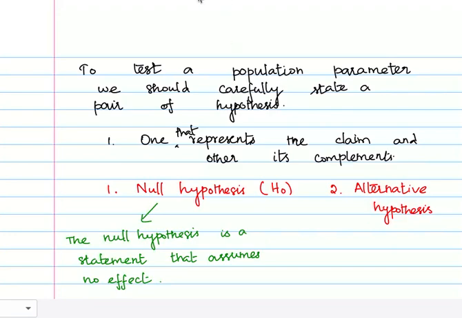But the alternative hypothesis is what we always claim, that is, our own results.